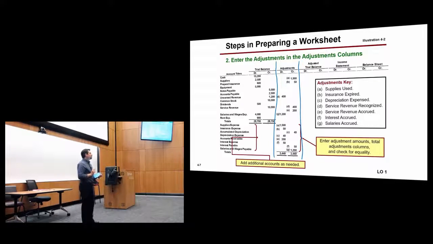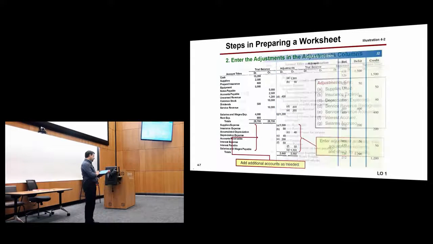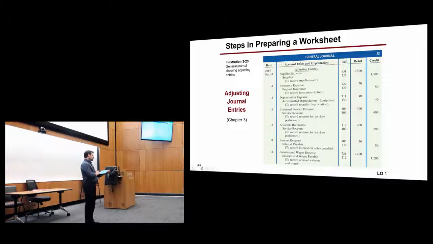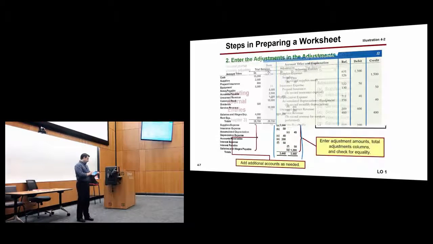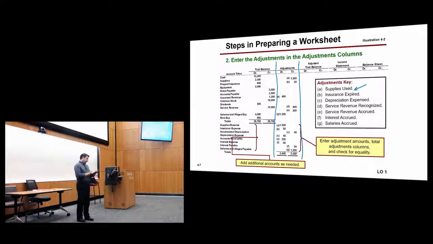We'll look at each one of them separately. The first one is supplies used. We know that supplies used is actually 1,500, as you can see here, it was a debit of 1,500 to supplies expense. Because supplies expense was not included in the original trial balance, we add it under the totals, and we have it here. This is debit.